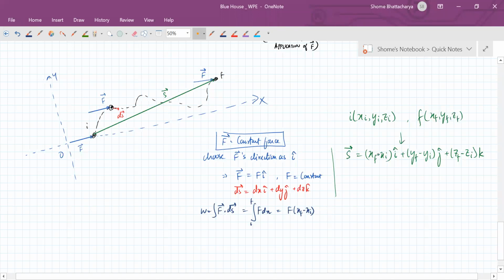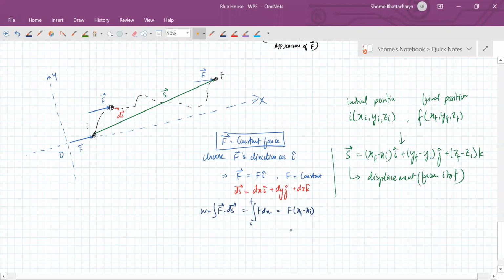So this is how we'll write the displacement vector from initial to final.